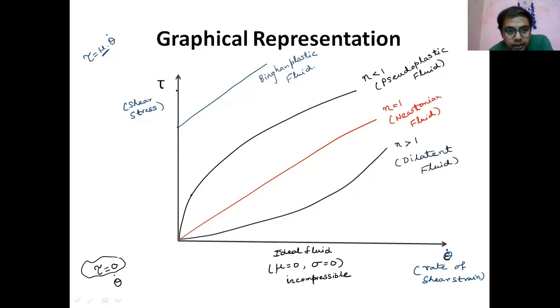And what about the ordinate? In case of the ordinate, however much shear stress you are giving, you can increase the shear stress from 0 to some higher values, but the theta dot value is always 0. Rate of shear strain is 0. That is nothing but the ideal solid.